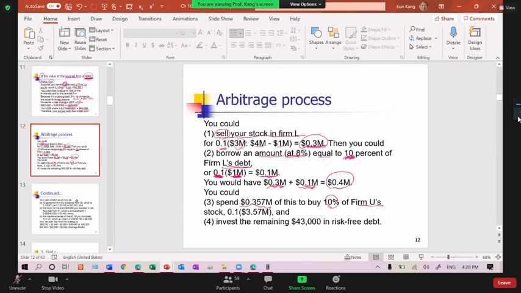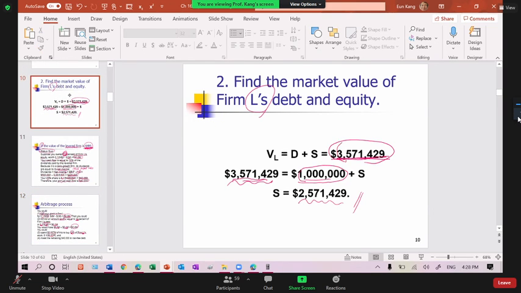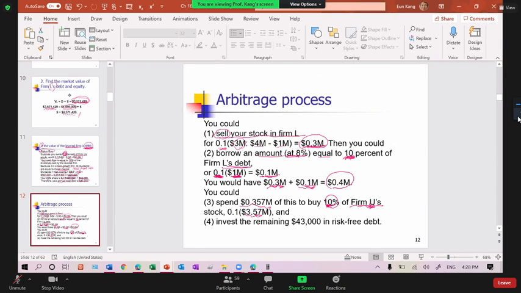So buy low, sell high: you sell the high price stock L and buy the low price stock U. As I said, the right price for U is 3.57 million, and 10% of that is 0.3571 million.